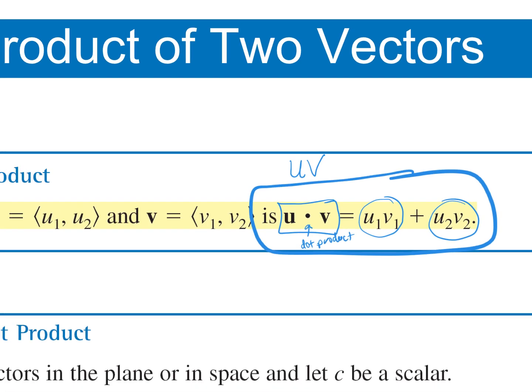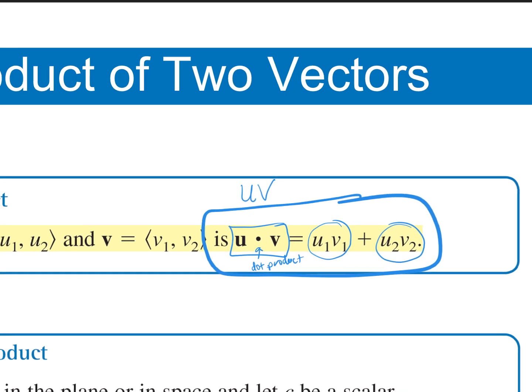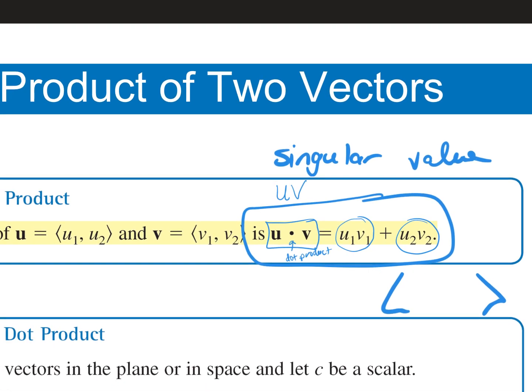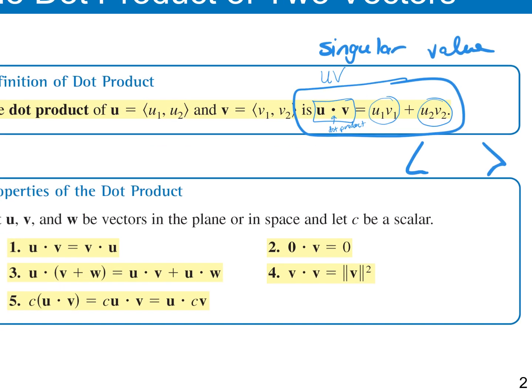When you have a dot product, it is a singular value. When we were just adding and subtracting and multiplying vectors, we came out with an answer that was a vector, like something comma something. When you have a dot product, you're going to have one singular value. Do you guys understand what I mean by that? We're going to do some problems. You're going to be like, this is so easy.